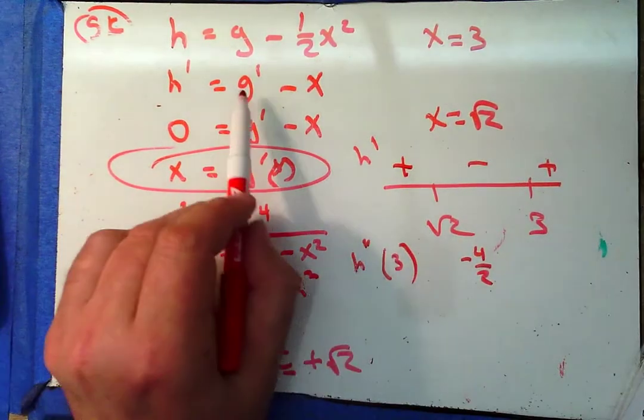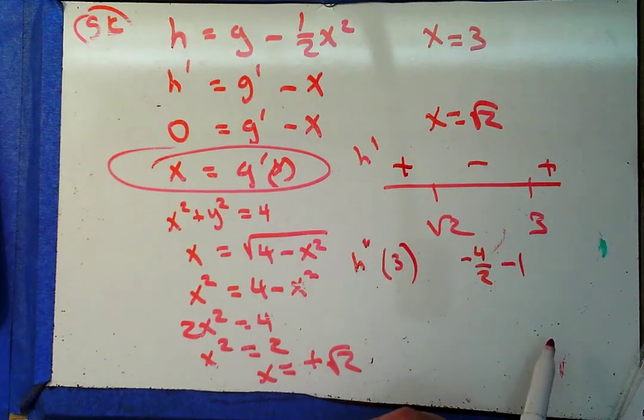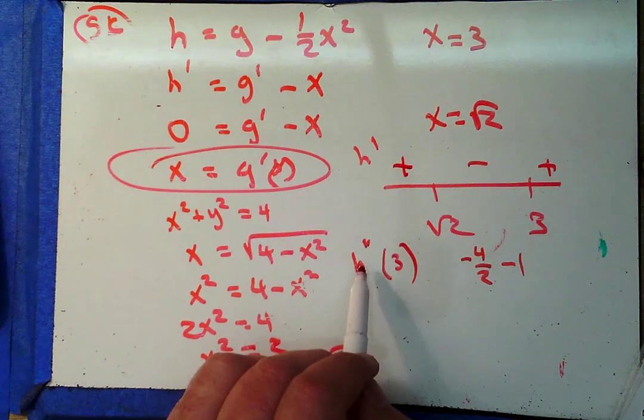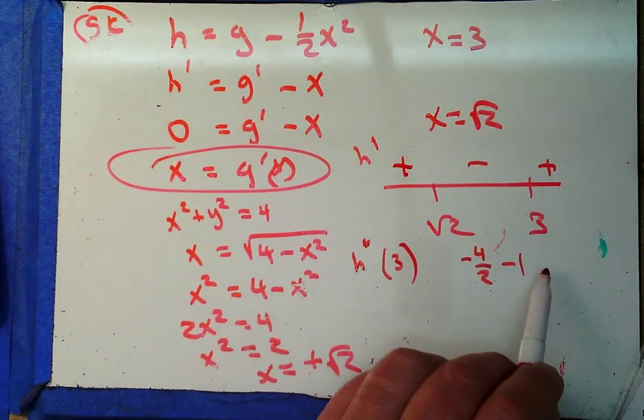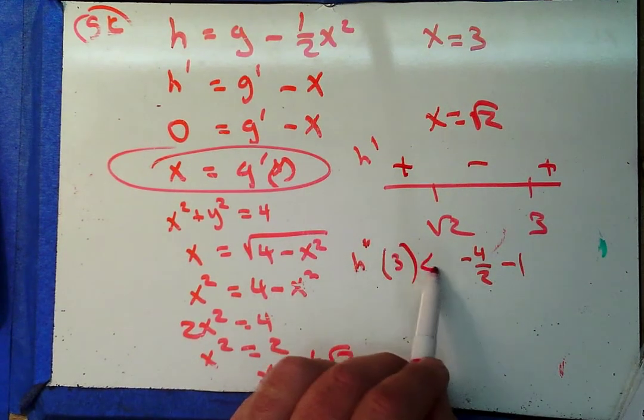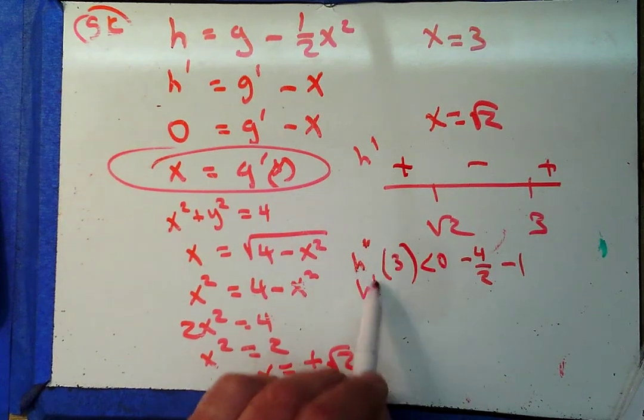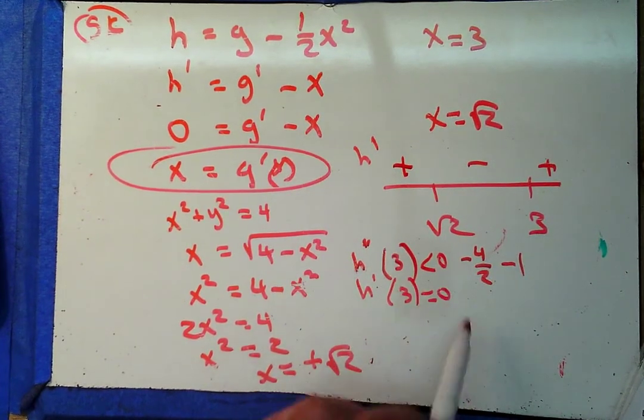And what did I want to do? I wanted to subtract 1 from that. So that's negative 3. I get h double prime of 3 is negative, and because h double prime of 3 is less than 0 and h prime of 3 equals 0, I kind of want to claim a max at that point.